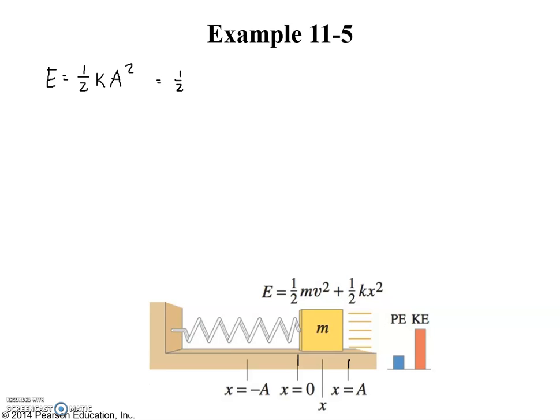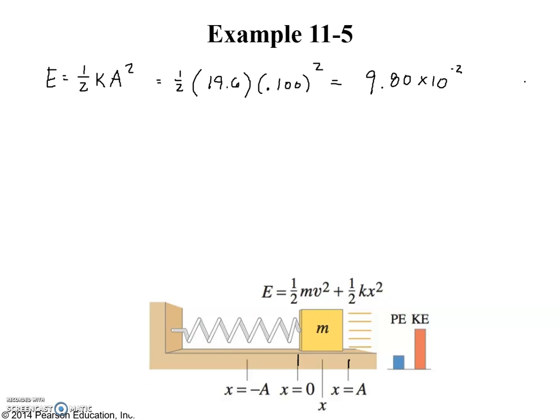So that's equal to 1/2 times, again, our spring constant was 19.6, and amplitude is 0.100. Don't forget to square that. And so 1/2 kA squared is equal to 9.80 times 10 to the negative second.